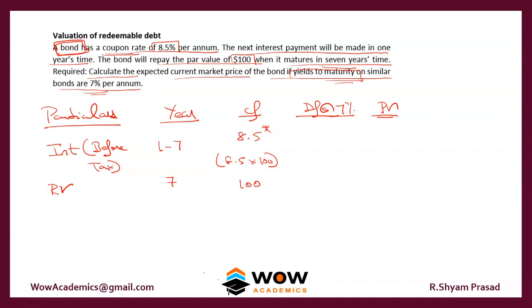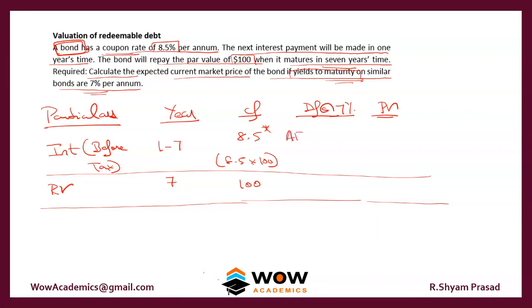So we have got two sets of numbers here. One is for the interest and the other one is for the redemption value. For the interest, we have to look at the annuity factor table, and for the redemption, we have to look at the discount factor table.